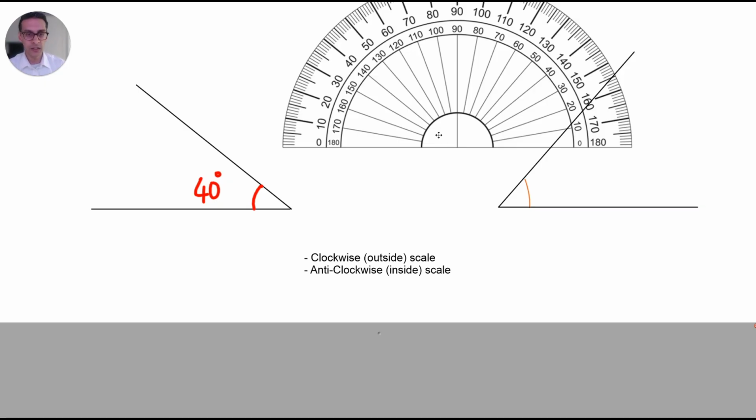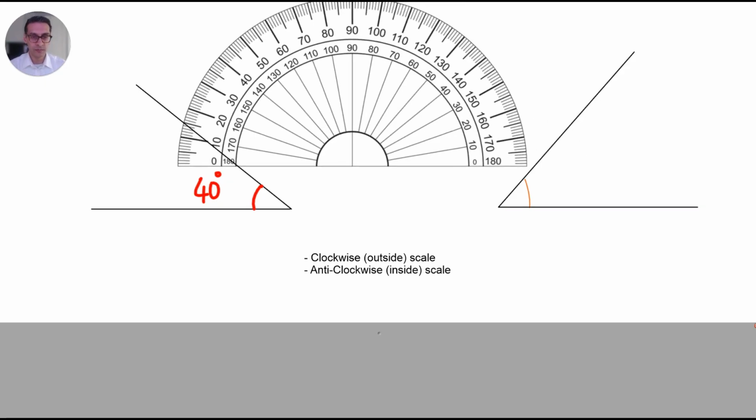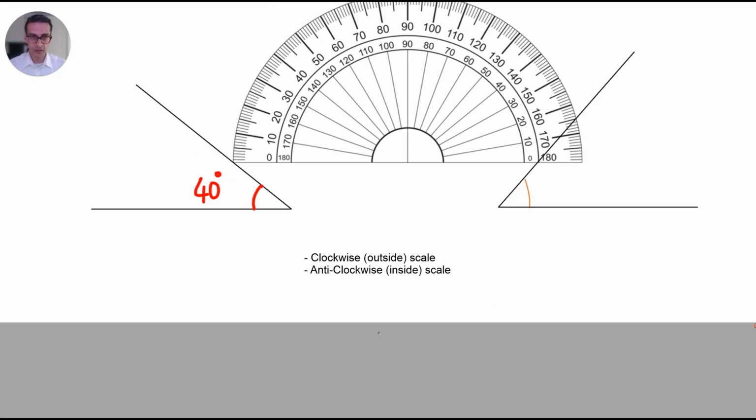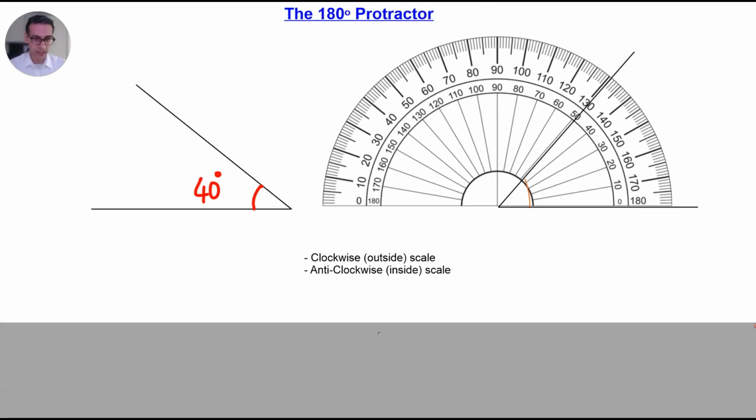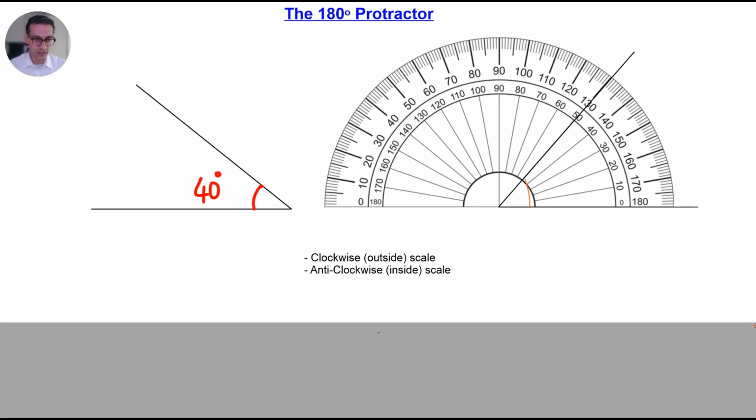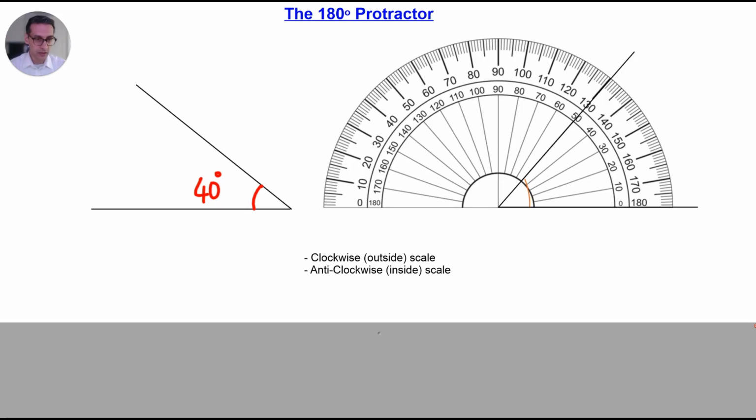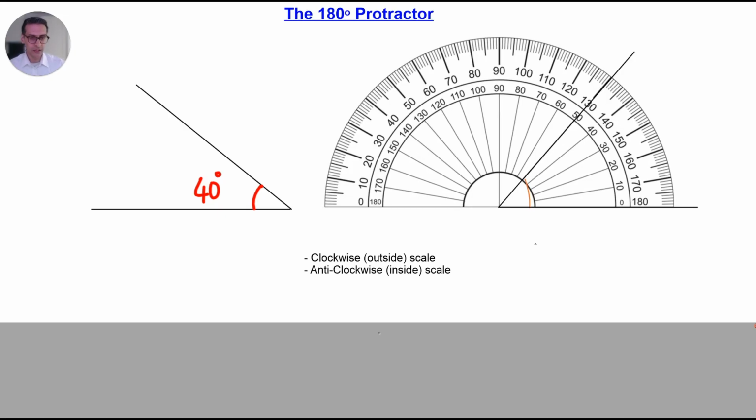Now, if the angle is facing the other direction, you still do the same thing at first. You line up your origin with your vertex. So you can see there's your protractor lined up. The baseline is also lined up. And then you can measure, deciding where 0 is. You always start from 0. So that's going to be, in this case, the inside scale. And we're going to use the inside scale.